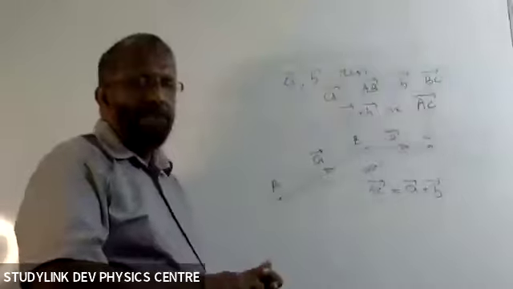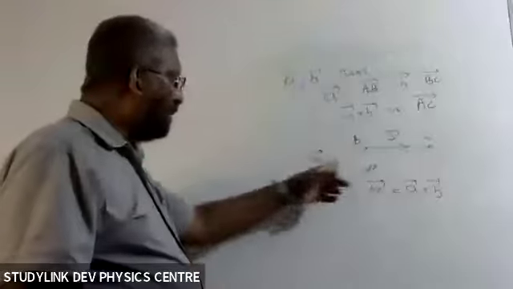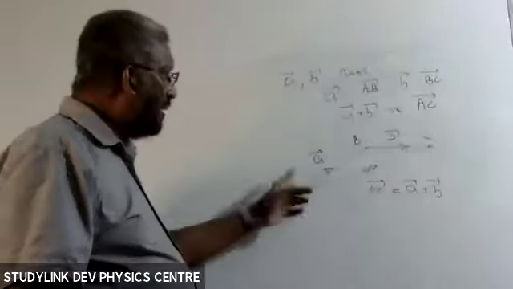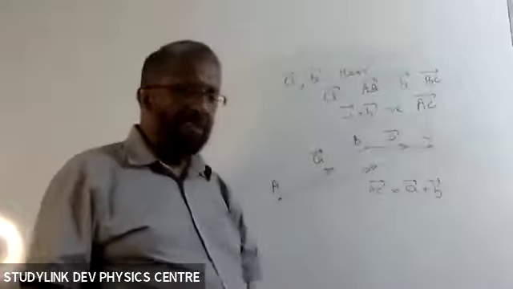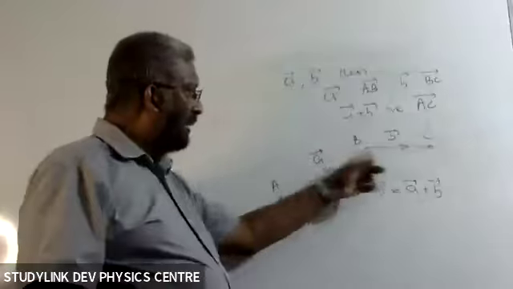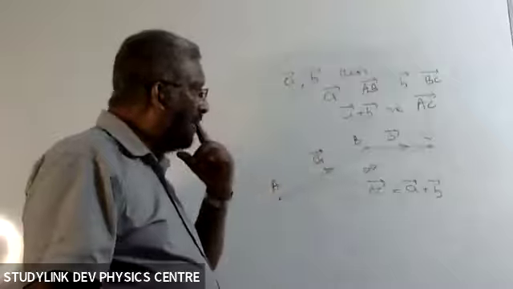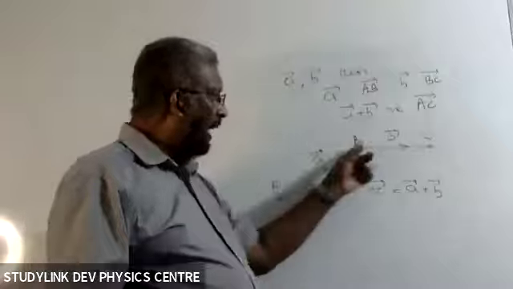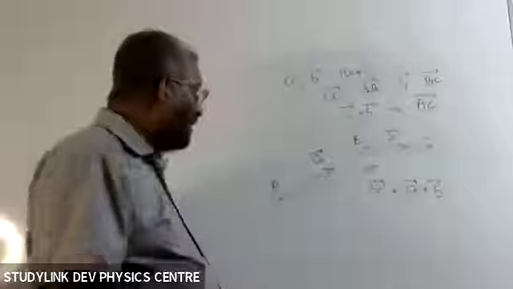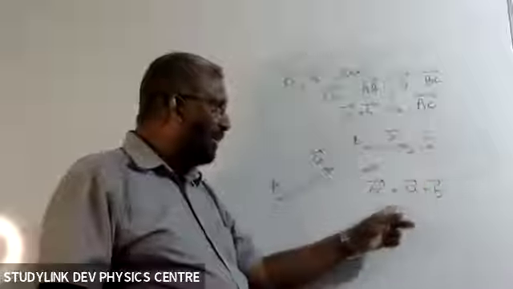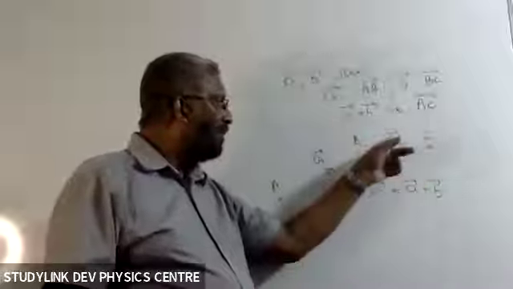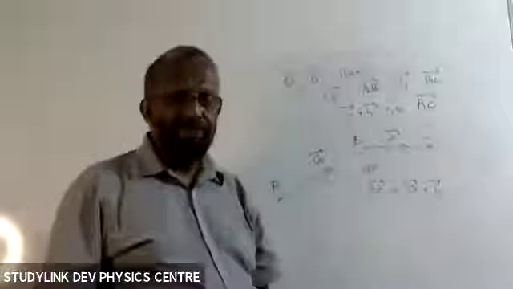We will put it in words. When two vectors A and B are represented by the two adjacent sides of a triangle, as AB is A and BC is B, then the vector AC gives the addition of the two vectors.